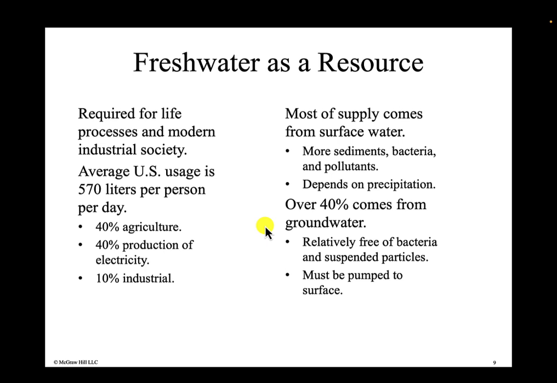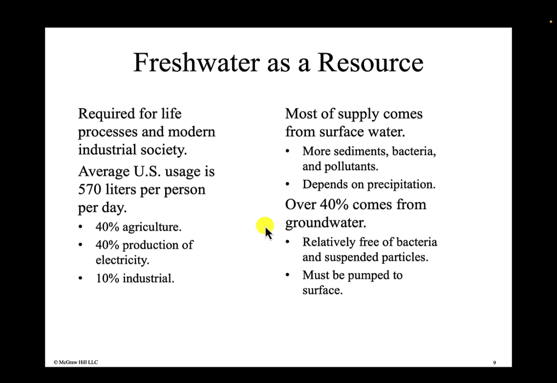I think it's like 170 something. That water is used mostly for agriculture, production of electricity, and a little bit for industry, to produce clothing, in slaughterhouses, to kill the cattle that you use to eat, and all of that other stuff. So we use lots of water, but again, depending on the region, the usage can be different.